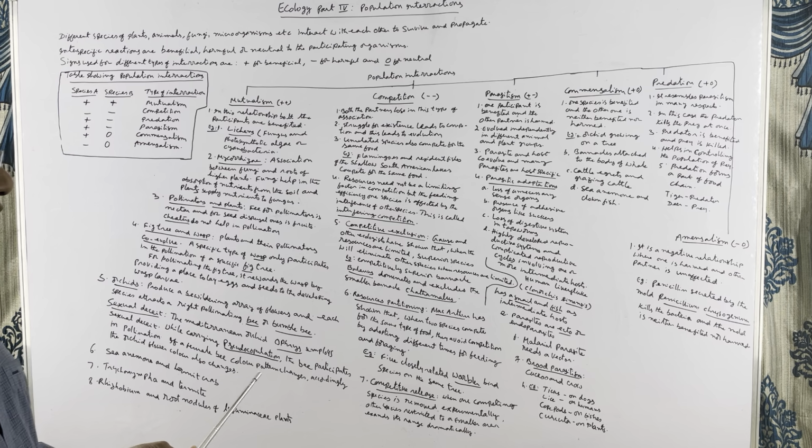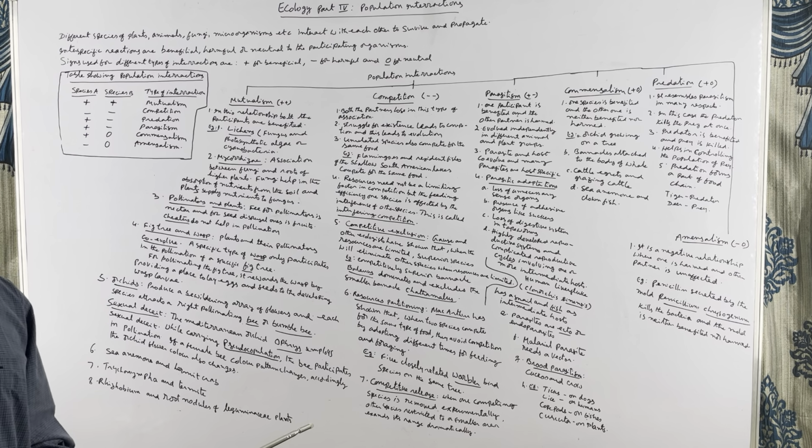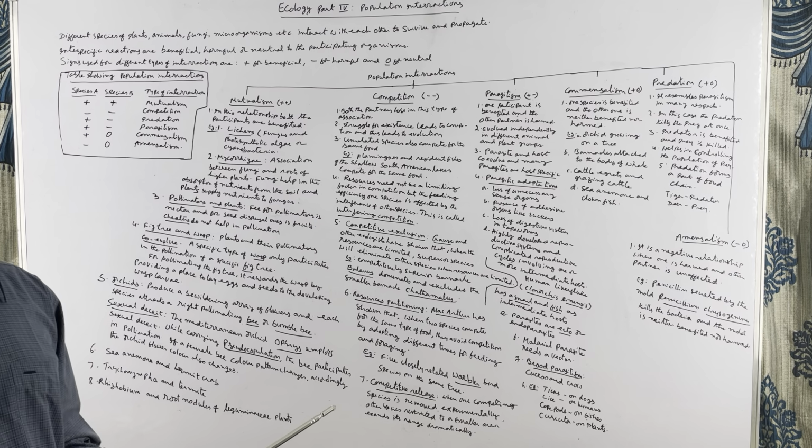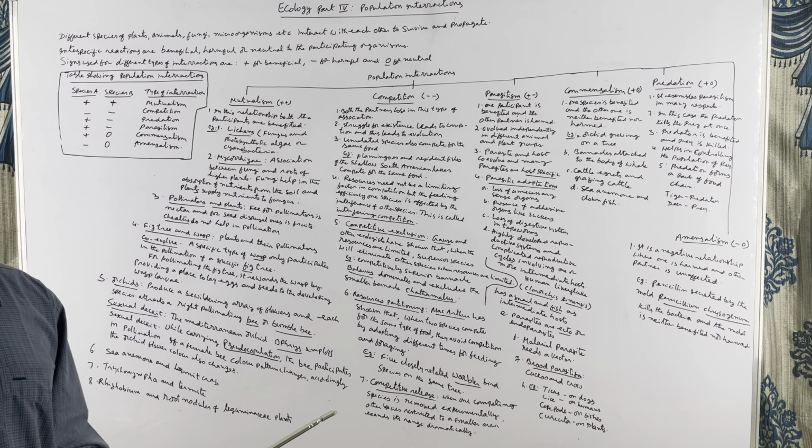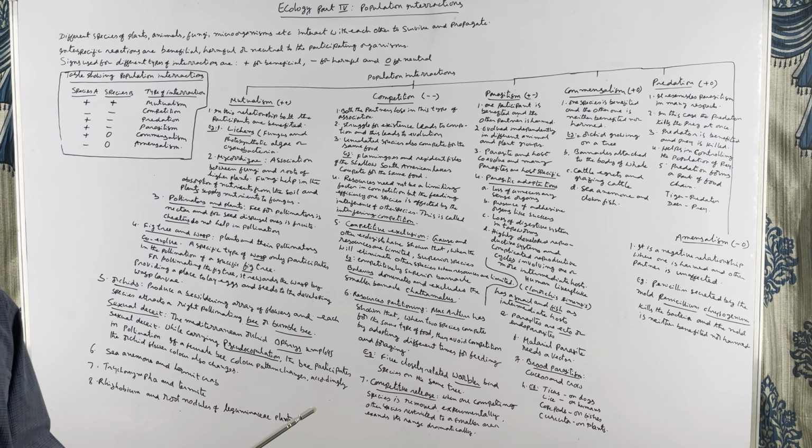Then sea anemone and clownfish. This is very interesting. Clownfish has different colors like a clown. That's why it got the name clownfish. It hides in the tentacles of sea anemone. Sea anemone is a coelenterate having stinging cells or nematocysts. So no other animal can approach the sea anemone because it stings them. In the clownfish, what happens?